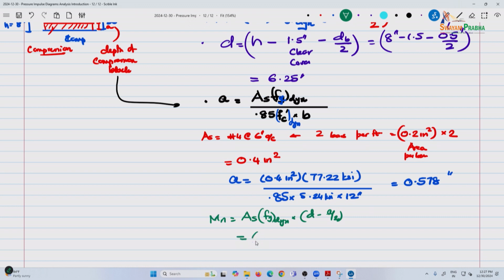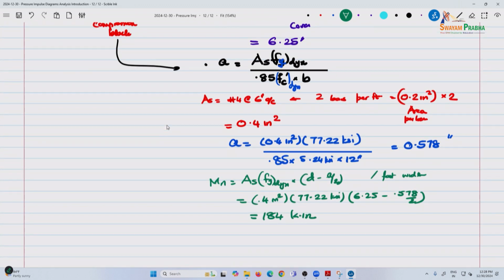Now again, this is per foot width. We are taking a 1 foot wide wall. So, 0.4 multiplied by 77.22 ksi multiplied by (6.25 minus 0.8) comes to 184 kip inches.